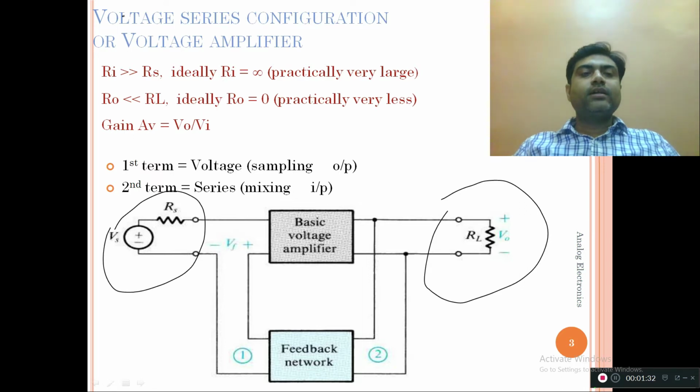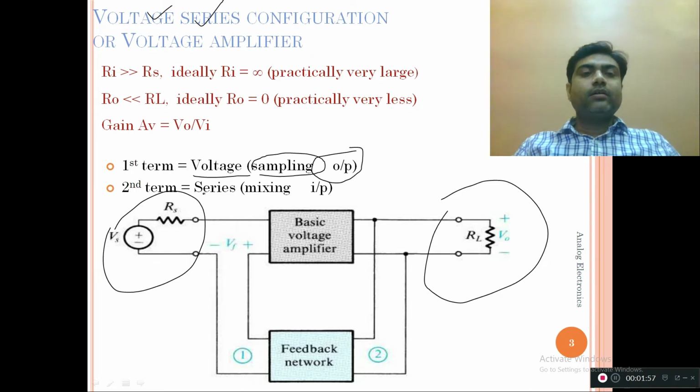As I told you in the second lecture, always bifurcate these terms into two parts, the first part and the second part. The first term gives me the knowledge of the voltage, and when the first term is defined, we are discussing the sampling, and sampling is done at the output. These things we have to remember.